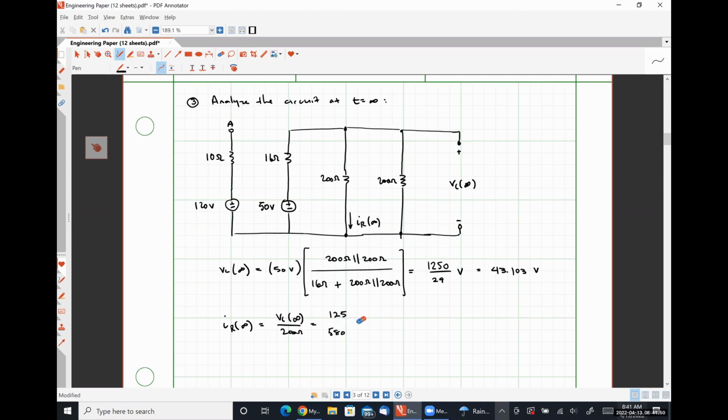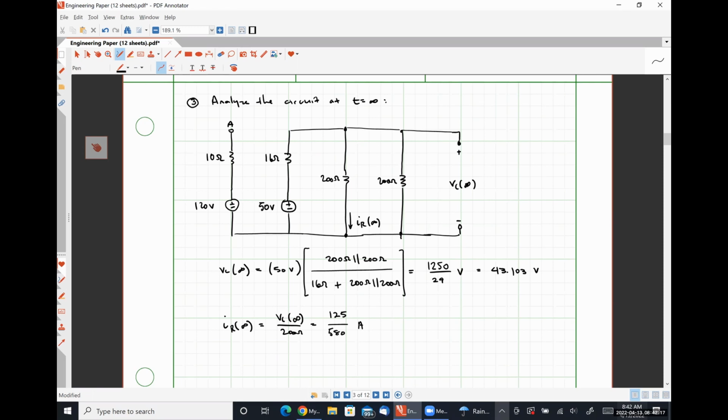This could probably be simplified further, but I'm just going to leave it like this. I know it can be simplified further because both things are divisible by 5, but I want to be lazy. 25 over 160, maybe. Yeah, doesn't matter.